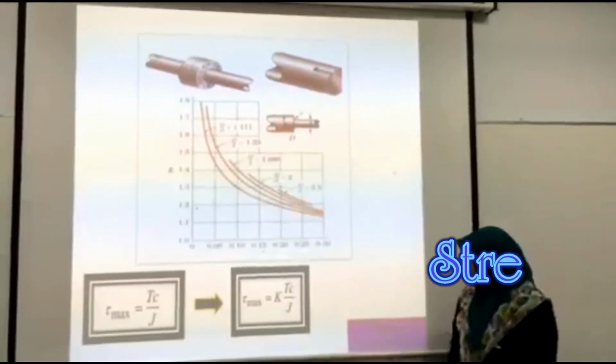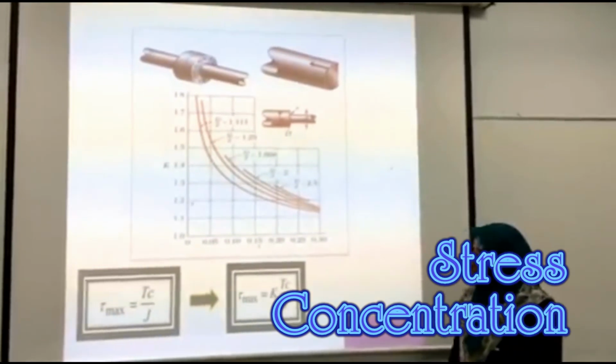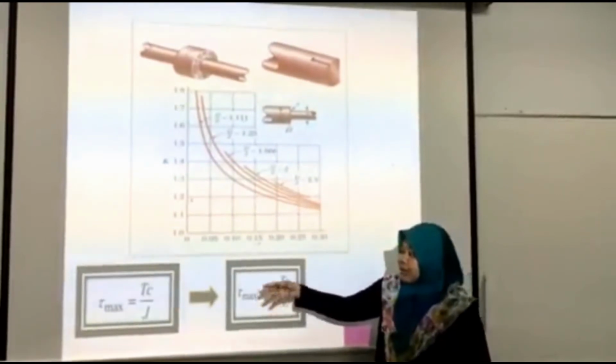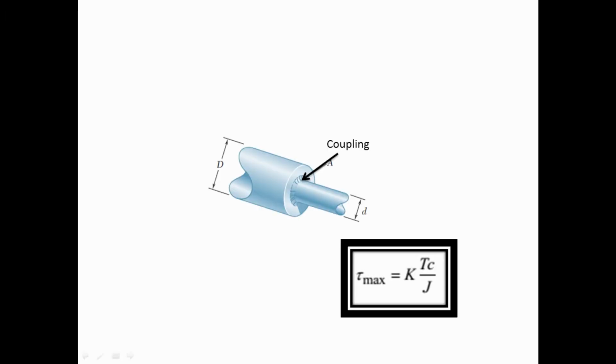Next we explain stress concentration. When normal stress is applied, we use this formula, which is tau max equal to TC over J. When the shaft has a coupling, we use this formula which has K. K is the stress concentration factor, which means that when the coupling is there, all the stress is concentrated on that coupling.